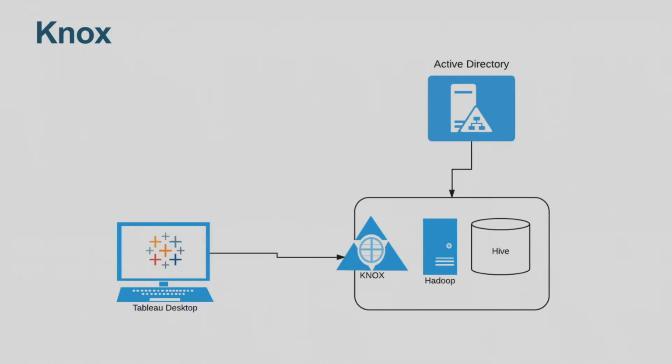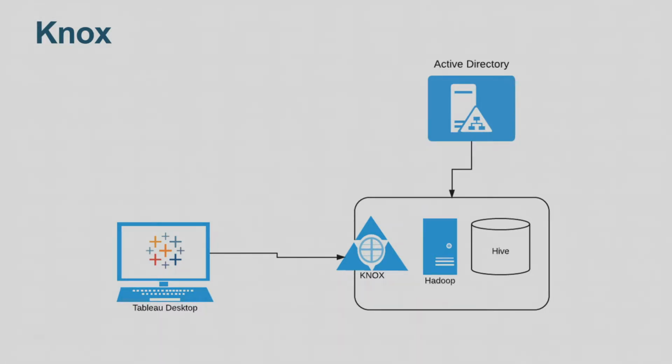Now, Knox. The examples that I used before were to a Cloudera cluster. I might be able to connect to a Knox cluster today, but I'm not planning on it. Knox is basically a gateway to the cluster. It's installed in the cluster, but it's a gateway to clients like Tableau.